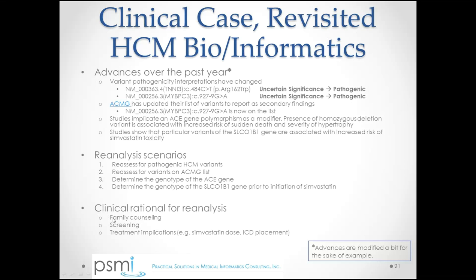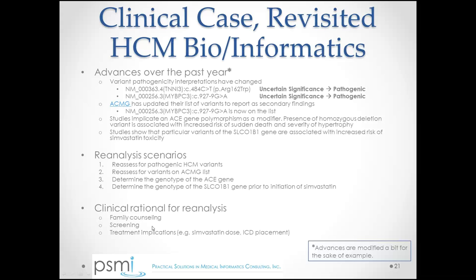So some of the things that we might do differently, if we know whether or not he's got a pathogenic mutation, is it might help us with family counseling. It might help us determine how aggressively we need to screen his offspring, or it might be something that he wants to use with his wife for family planning. It might be important for screening the patient.